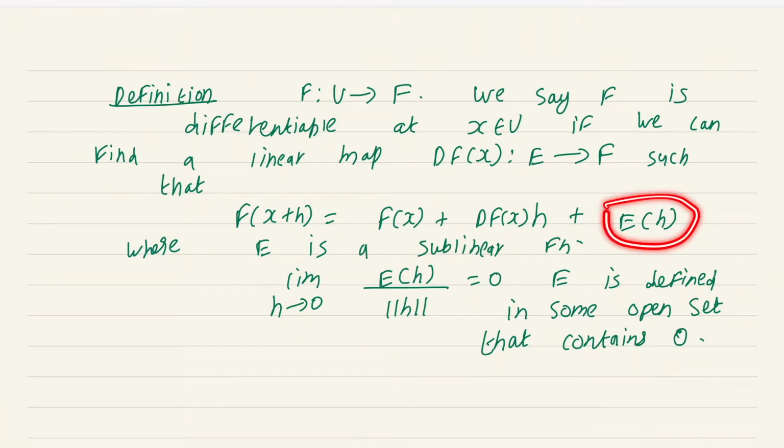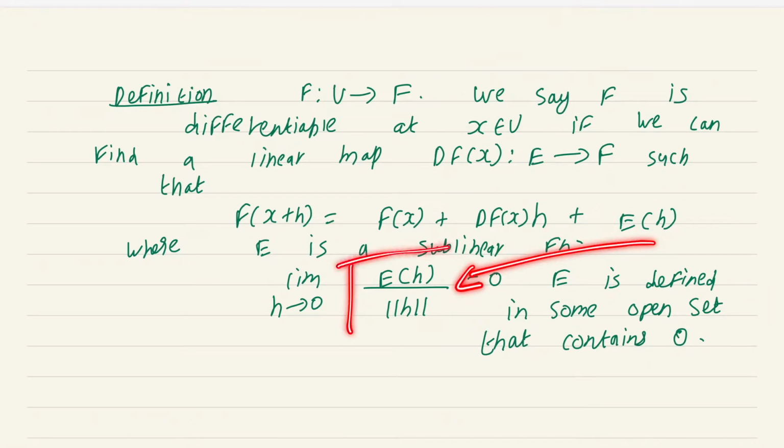This E is the error term. The fact that the error term is small is quantified by the fact that limit h going to 0 of E of h by norm h equals 0. Similar remarks that we made after the gradient apply. This h has to be chosen so small that x plus h is still in U. We can always do that by shrinking the domain of h to be a suitably small neighborhood of 0.